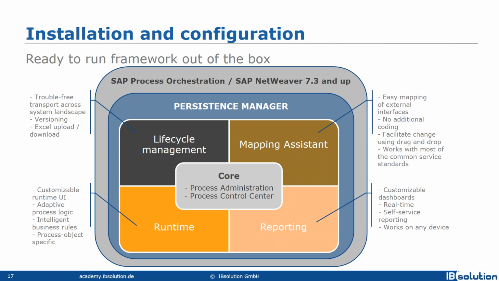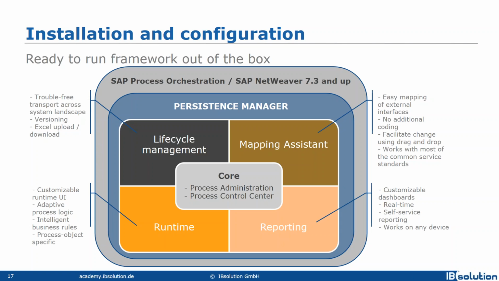The lifecycle management of a process is a very important topic, and of course we also thought about that and how you are able to change different revisions and different versions of a specific process.